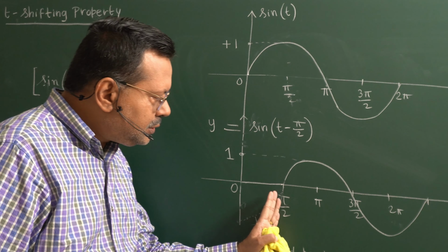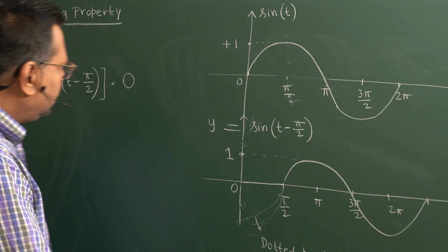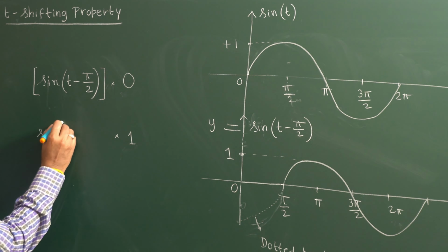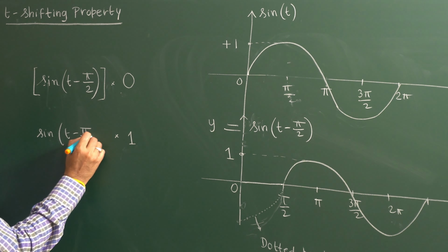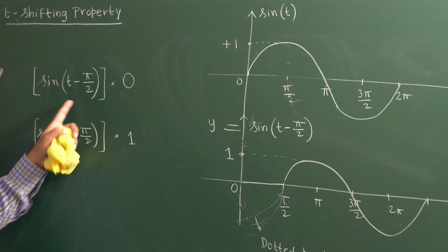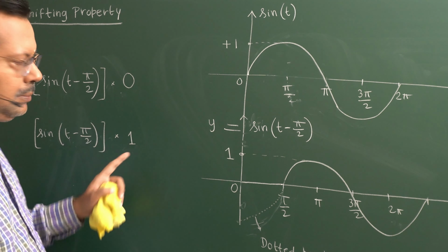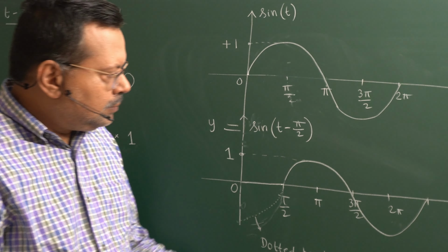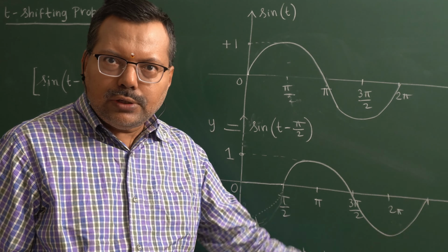Once the time starts from 1.54 seconds, you multiply by 1. It is the same expression, sine of t minus pi by 2. This is the function that we have. The only thing is I am multiplying by 0 in one case and by 1 in the other case. When I multiply by 1, the same function remains.